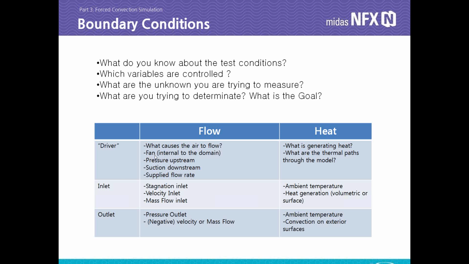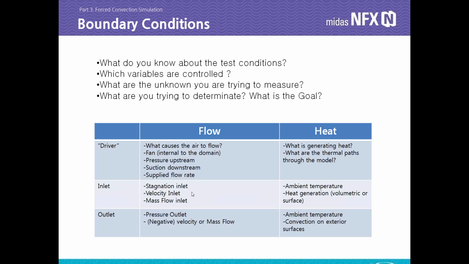Where are the fans? Maybe you have internal fans. Where is the pressure upstream? Or maybe you have a suction downstream. What is the supply flow rate? And about the heat, what is generating the heat in my model, and what are the thermal paths through the model?